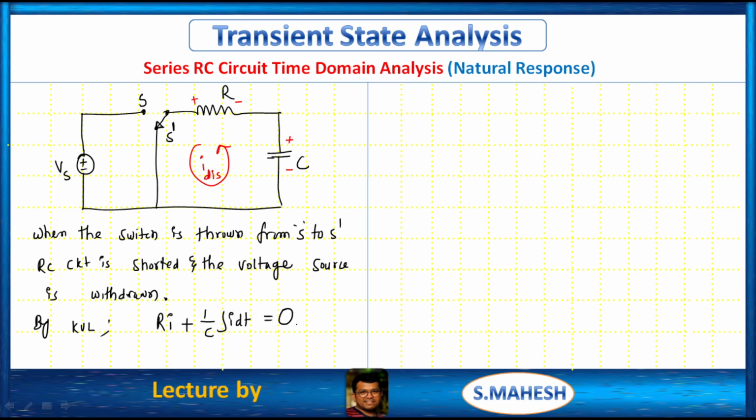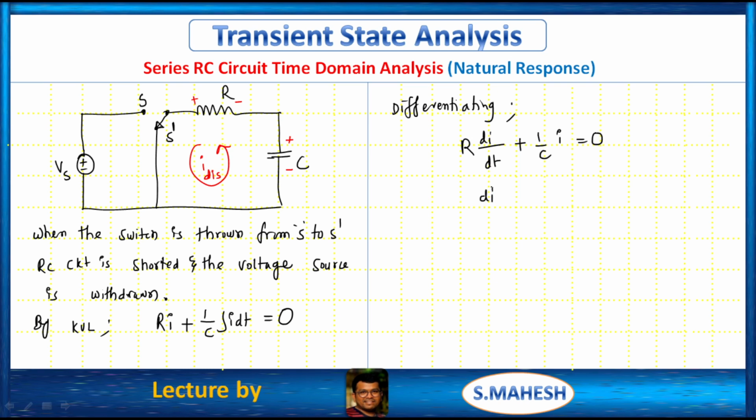Now it is 0 because we don't have any supply voltage. So differentiating, we have what? R into di by dt plus 1 by C into I, which is equals to 0.